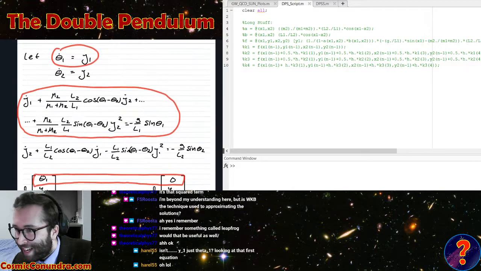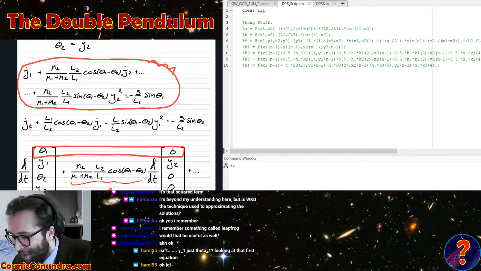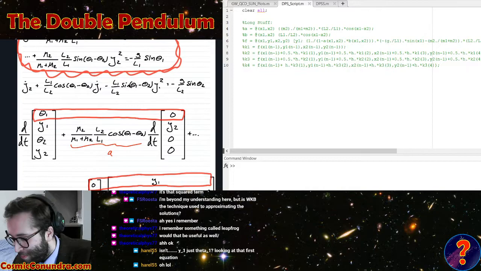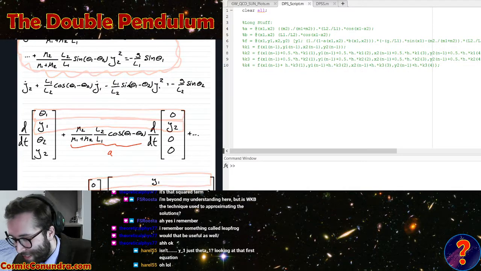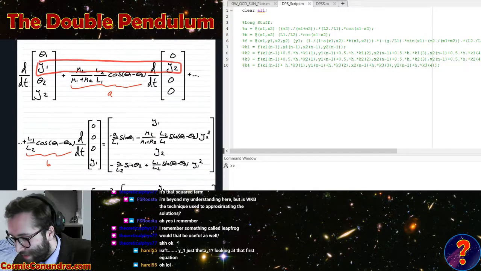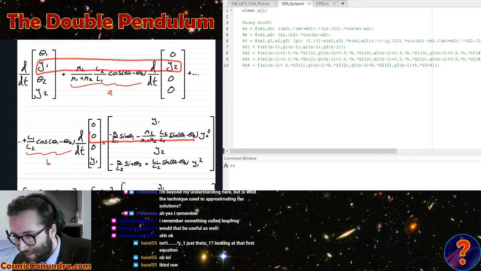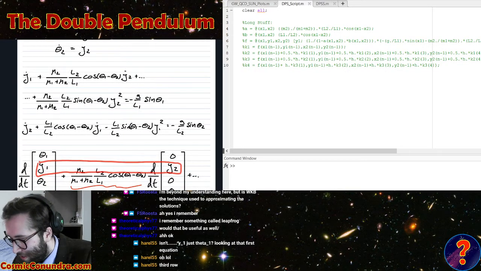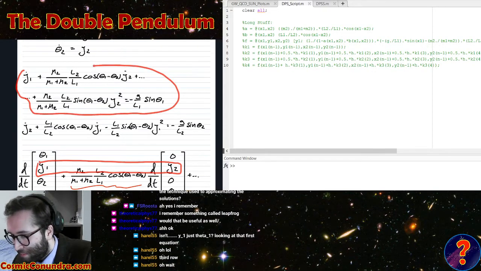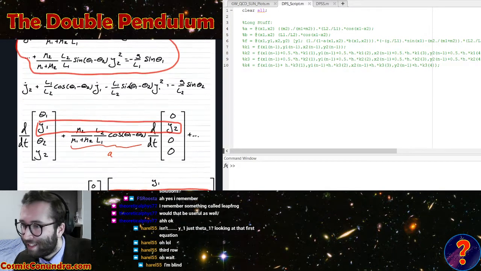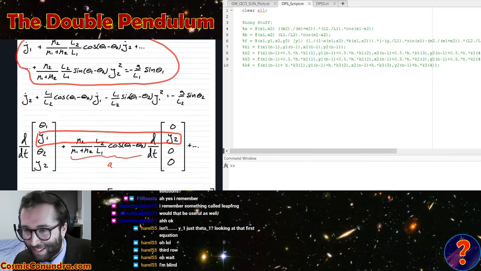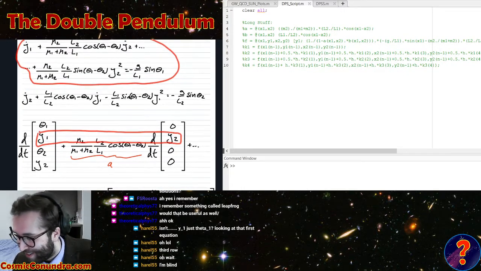The second equation, this one here, is described by the second row. Let me delete this second row here. Third row? Wait, what? No. This one is definitely the second row. It's okay, I got it wrong the first time. It's very easy to do.